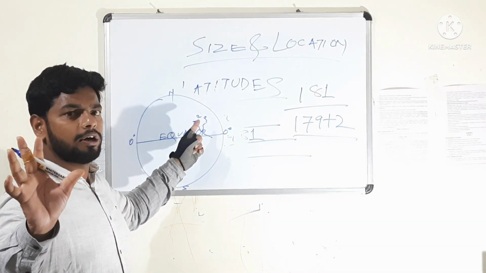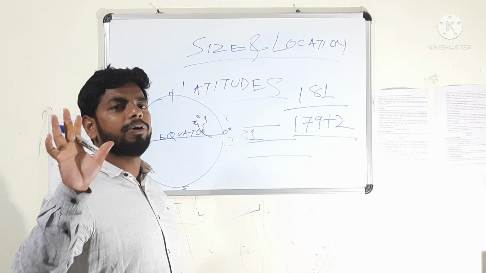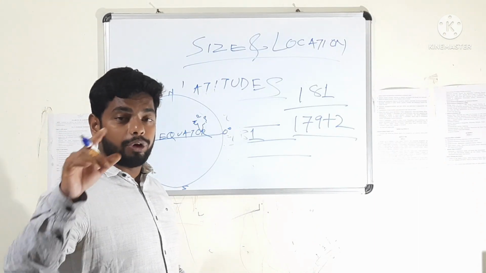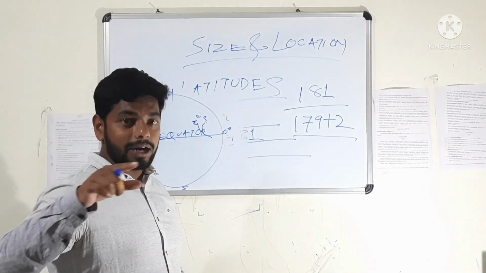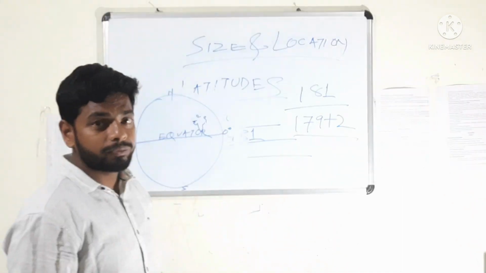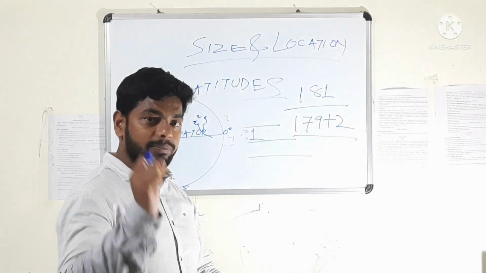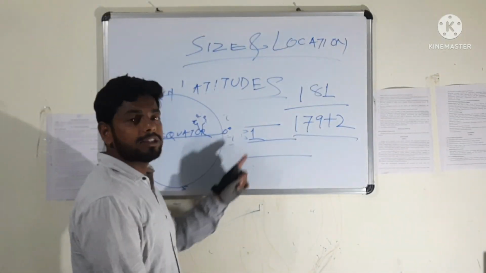So far, I have told you that India is one of the very important countries in the entire world, which in terms of area is the seventh largest country, occupying 2.4% of the world's area. Then I am telling about the locations. In order to locate a particular place, we have to know its latitudes.